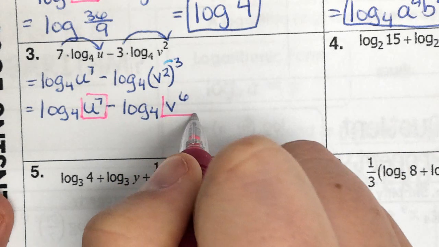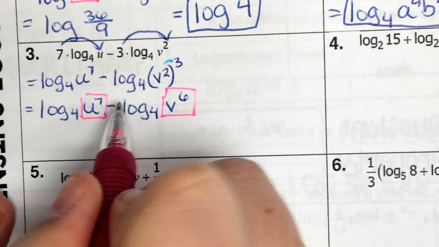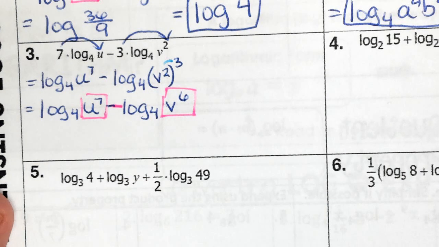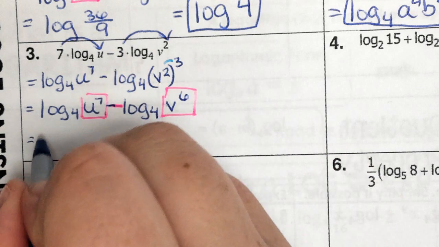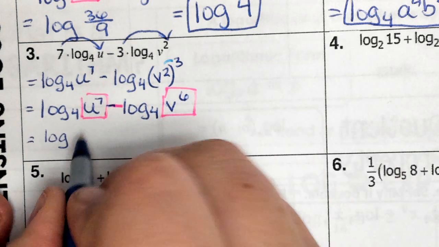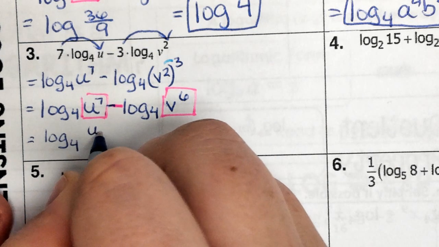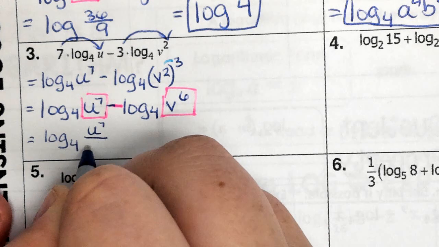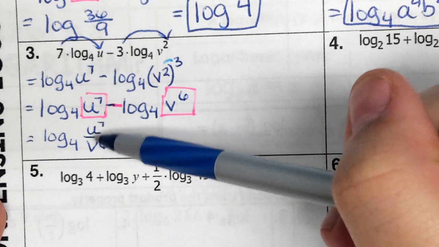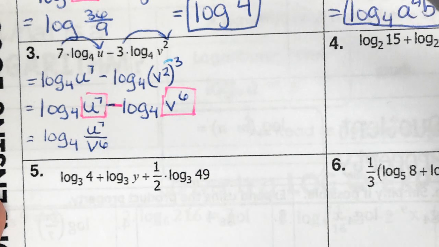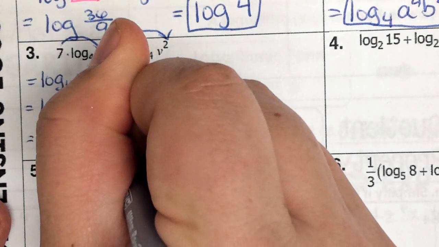Our second argument is v to the 6th. And we have a minus in between. So because we have a minus in between, that means we are going to divide. So now we've got log base 4 of u to the 7th over v to the 6th. So once again, because these two are different letters, we cannot subtract our exponents. Therefore, this is now the final answer.